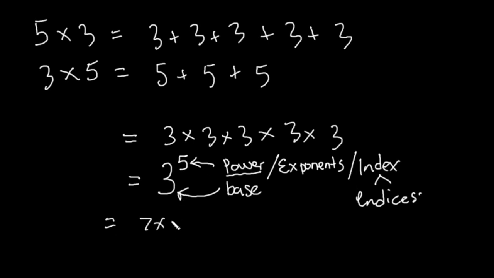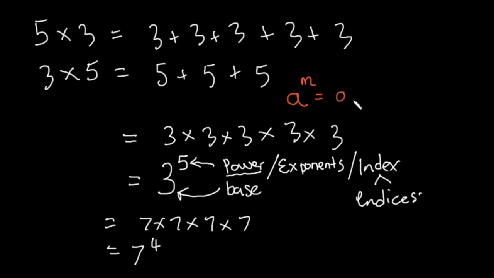I can have 7 times 7 times 7 times 7, and that would give us 1, 2, 3, 4. We're raising 7 to the power of 4. And in general, let's say we had some number a, and we raised it to the power m.